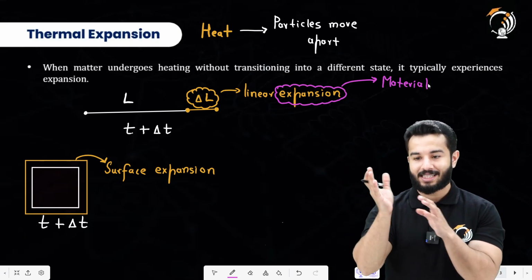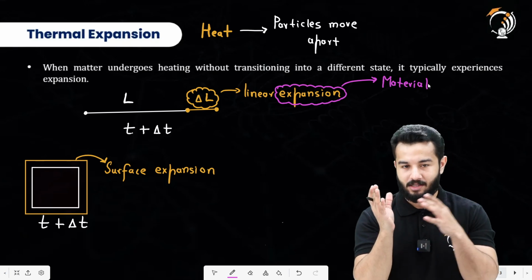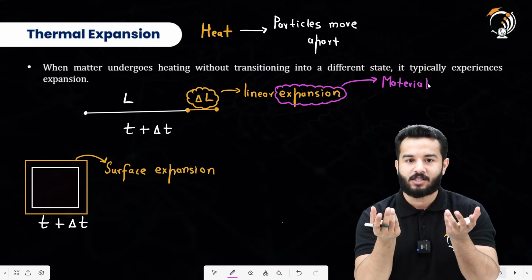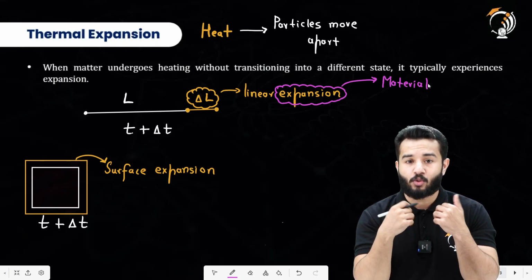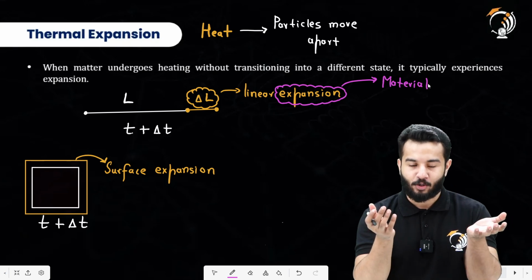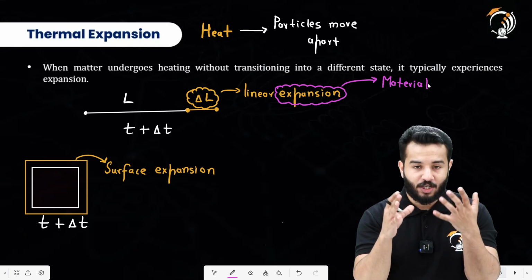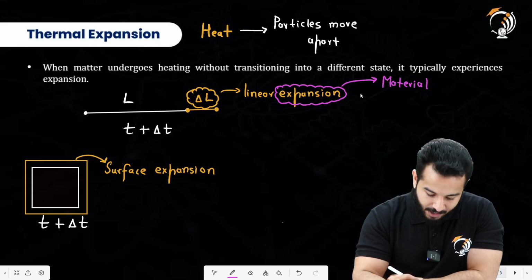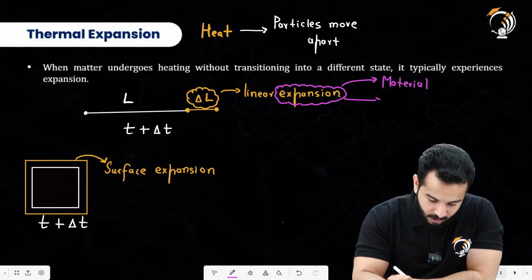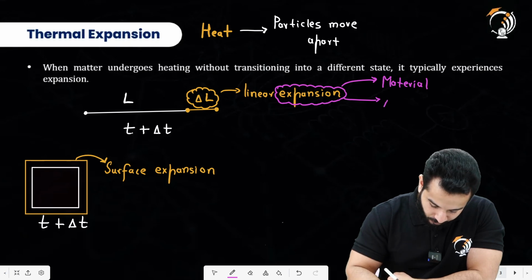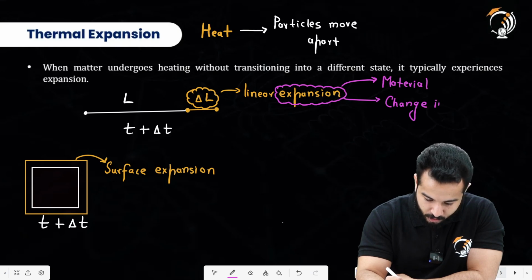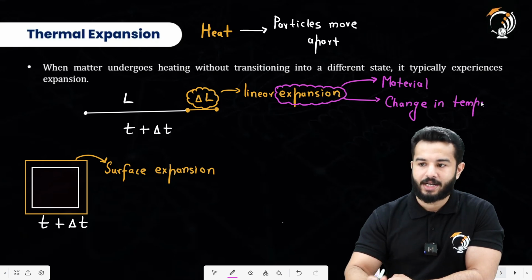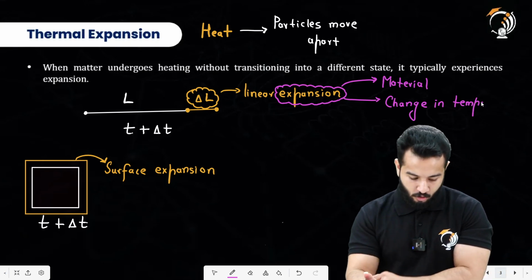Then the material of the first body responds to heat more efficiently than the other, right? So expansion will definitely depend on the material. It will also depend on the change in temperature. The greater the change in temperature, the greater the expansion. Well, that's the general case, right? We are going to talk about the exceptions also.